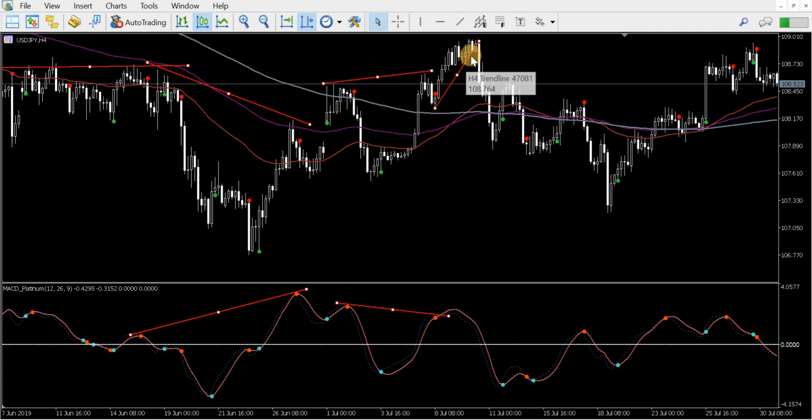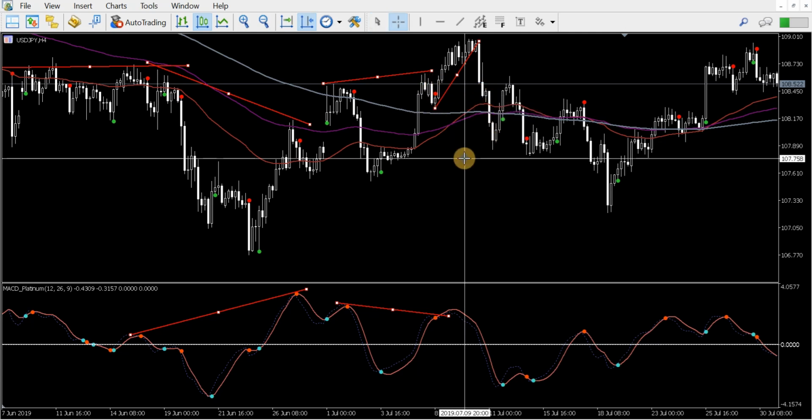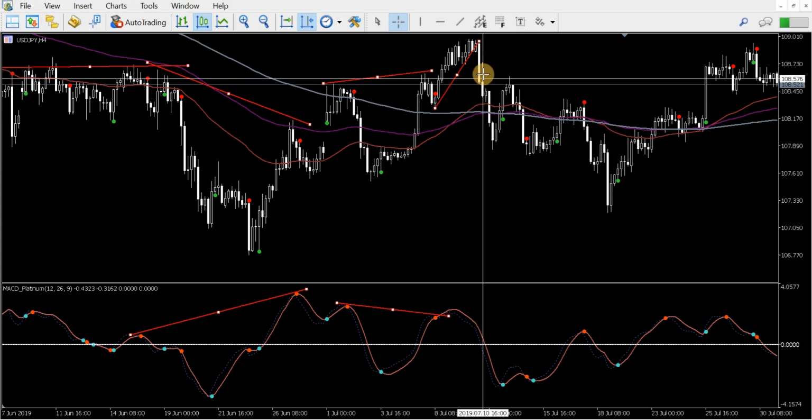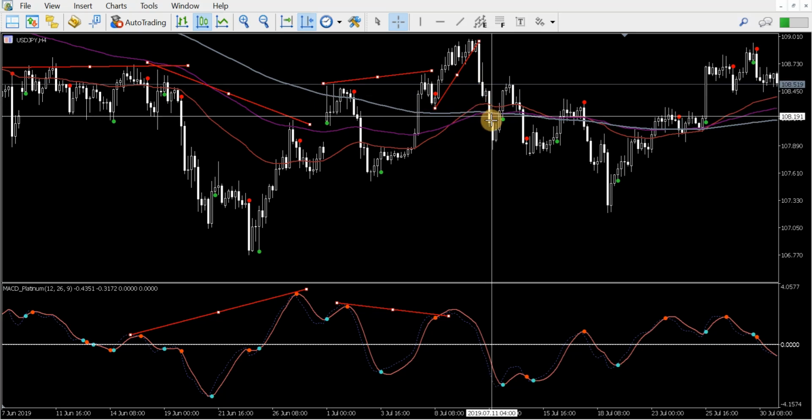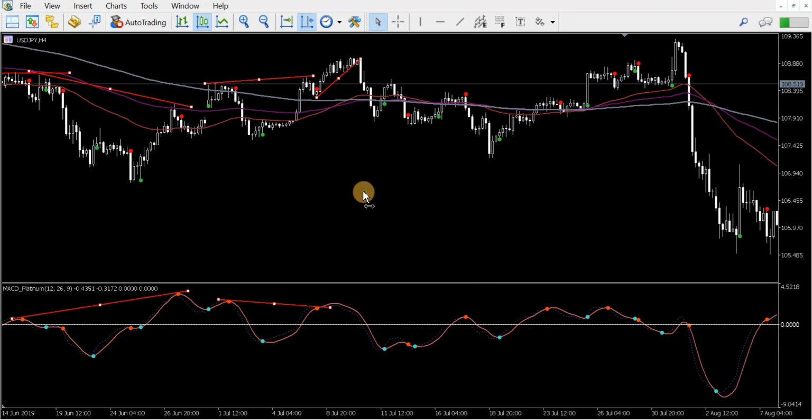I tend to go across the bodies. And as soon as you get a break of that trend line, and a big candle like this, it's not ideal, but you could take the sell, because it's still a valid sell signal. And you're still just above the MACD Platinum zero level when you get that break. So just maybe get a few pips down to the downside.